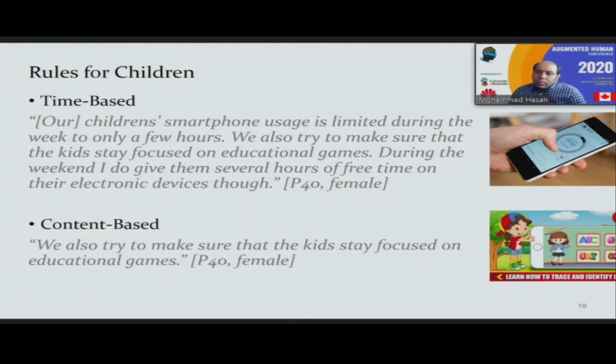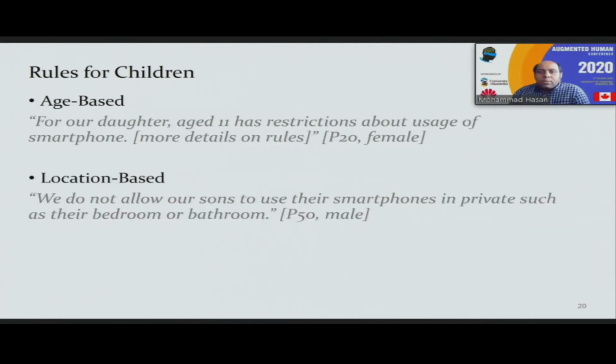And also we found that there are content-based or app-based rules. Examples of such rules apply to gaming or watching YouTube videos. Those are the common content-based rules that they apply. We also found that there are age-based restrictions. Certain participants mentioned that they don't allow their children to use the smartphone up to a certain age.